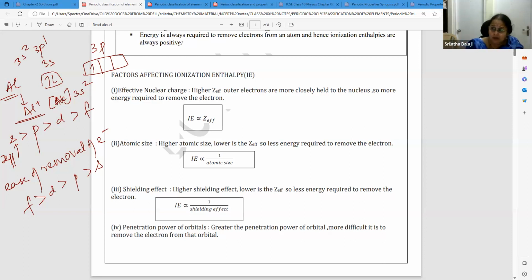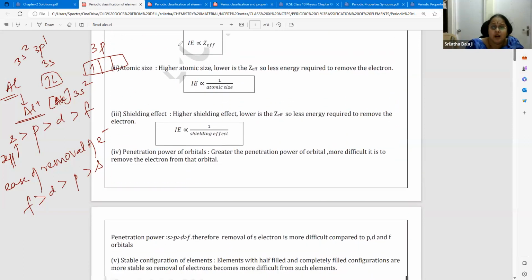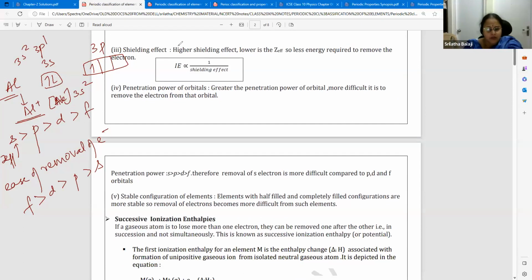Lastly, we have stable configurations. Stable configuration means half filled and completely filled configurations are more stable. You know that.